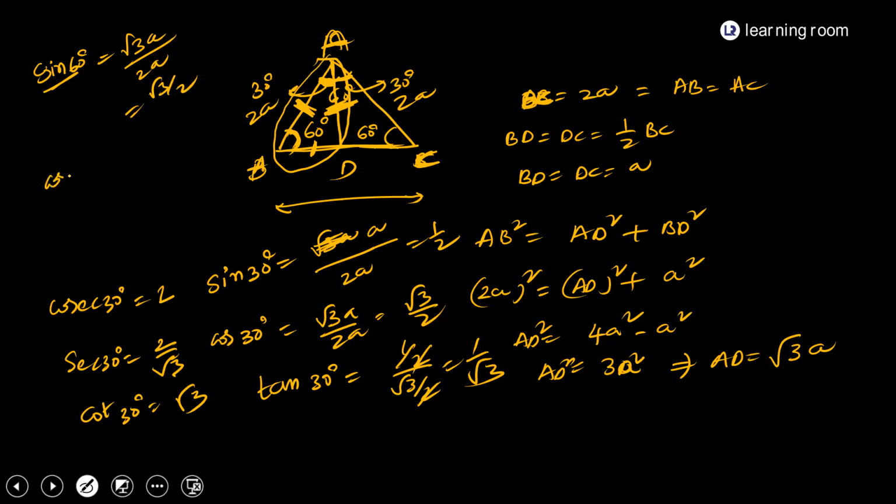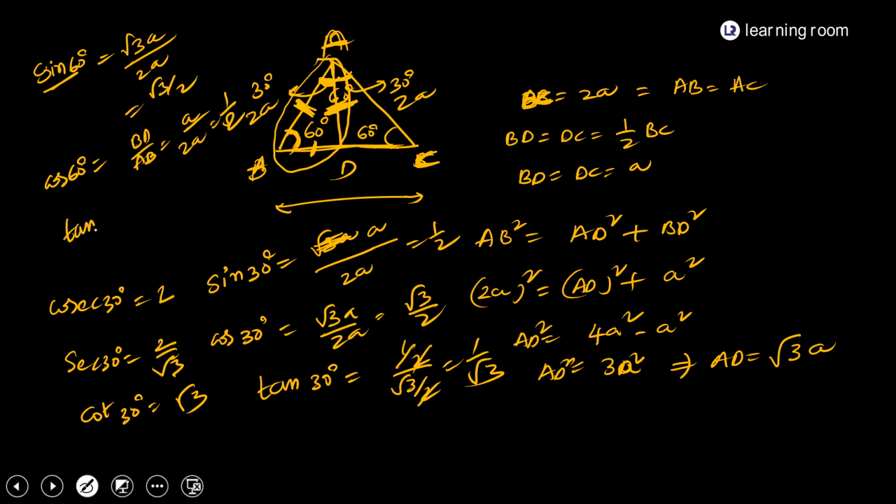Cos 60 will be BD by AB. How much is BD? A. AB is 2A. So 1 by 2.